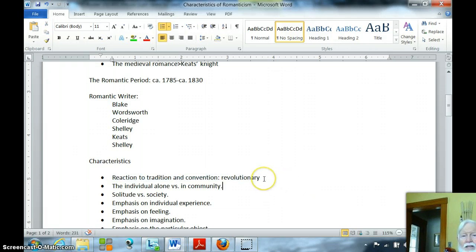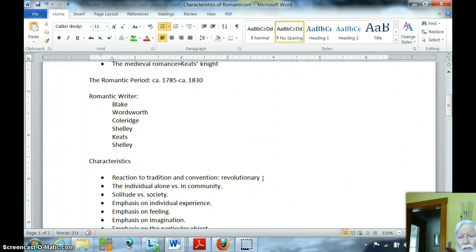In that sense, they were revolutionizing literature. So they were revolutionary. And I think as we go along, you might get some idea of why and how they were revolutionary. But they were reacting to tradition and convention, not only in society in general, but in particular in literature.